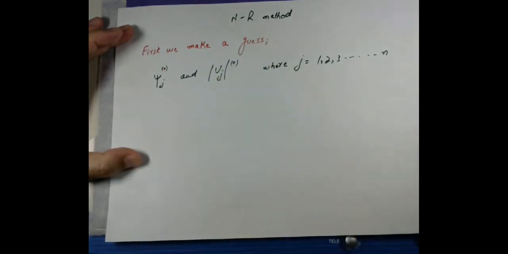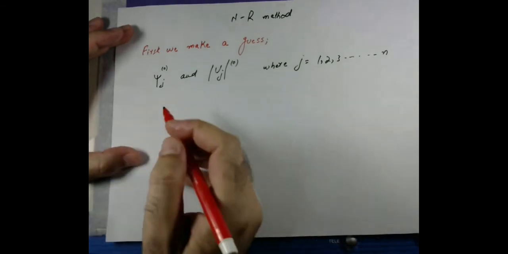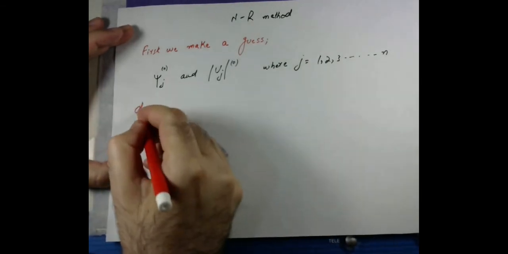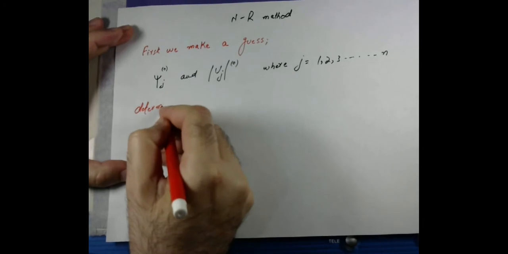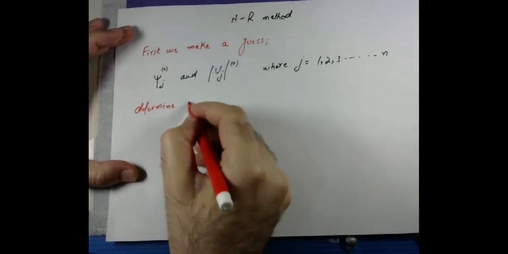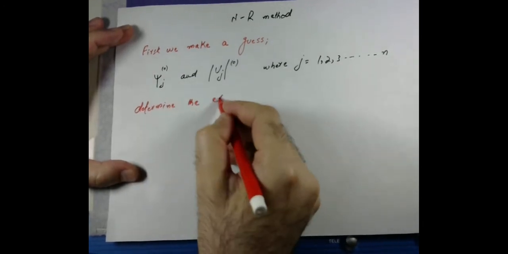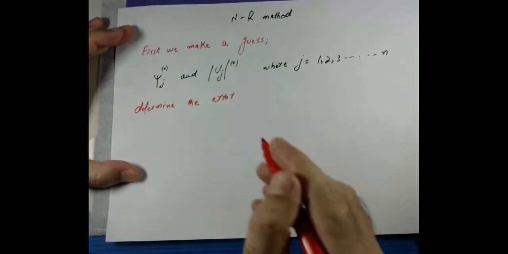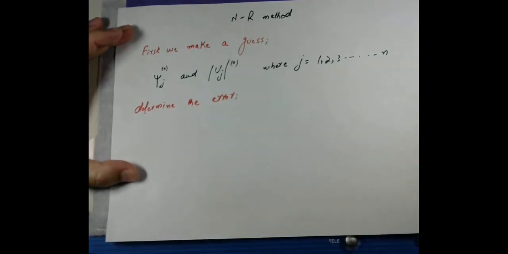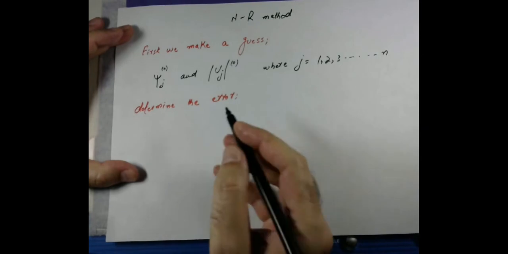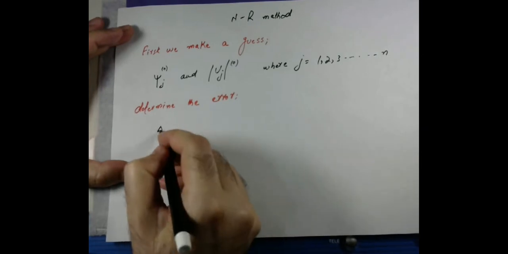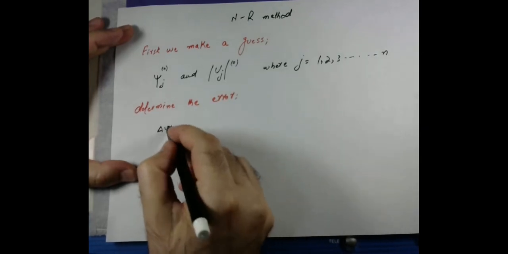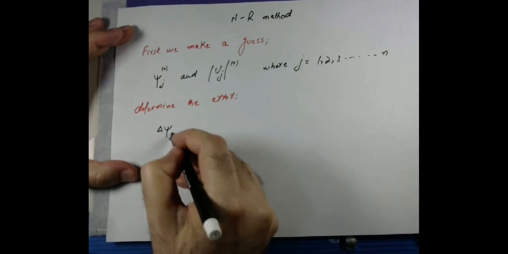So we make a guess and then we determine the error in the guess, and we represent those errors by this particular notation. This is the angle.